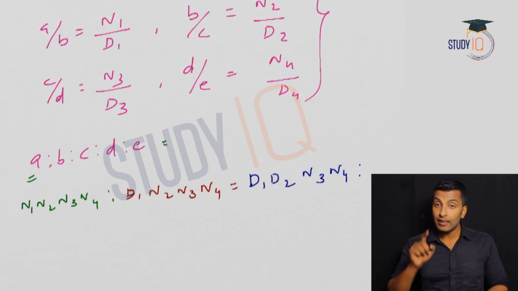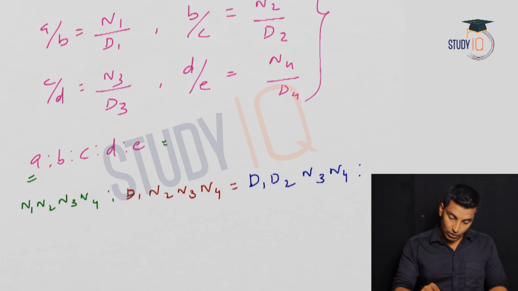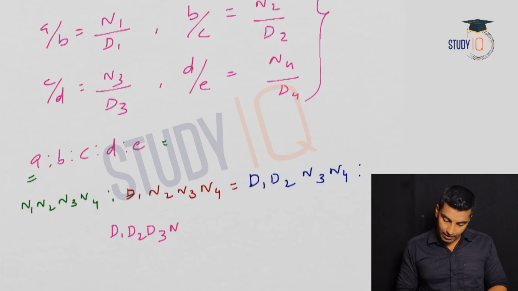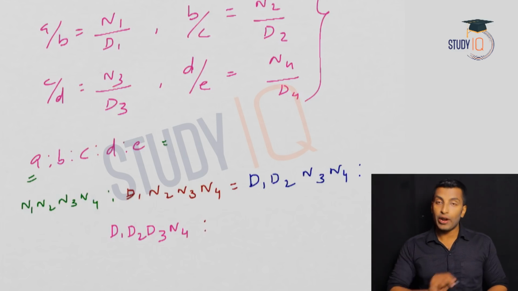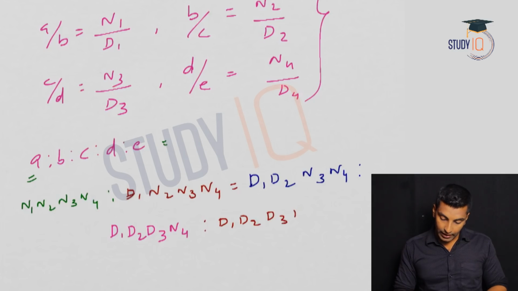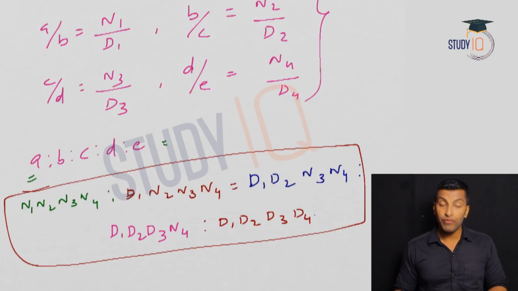Now D, how will you write? 3 denominators, so it will become D1, D2, D3 and N4. Now E, how will you write? All 4 denominators, D1, D2, D3, D4. So this is how you will write if you have more than 3, and you can continue this, right? So I hope all of you understood how I am writing this, right?